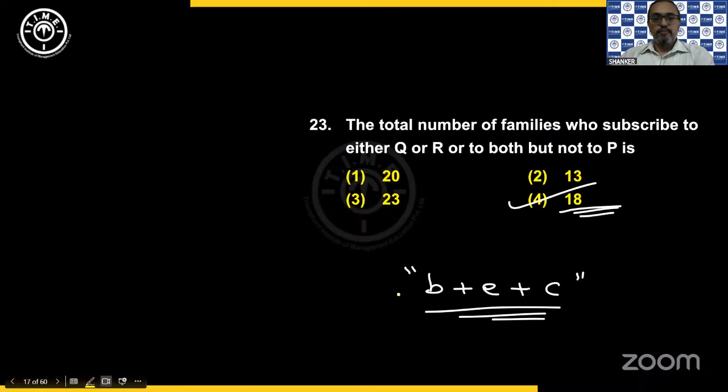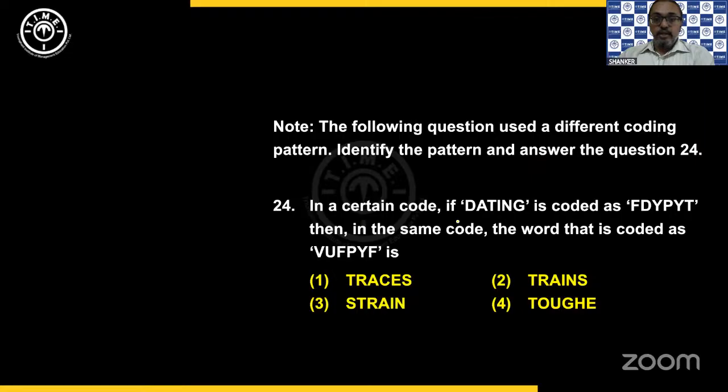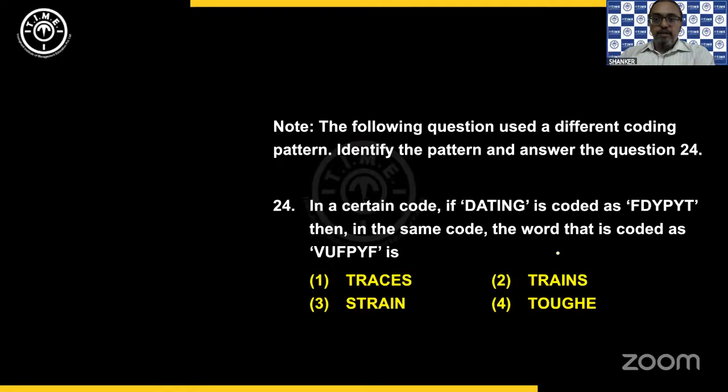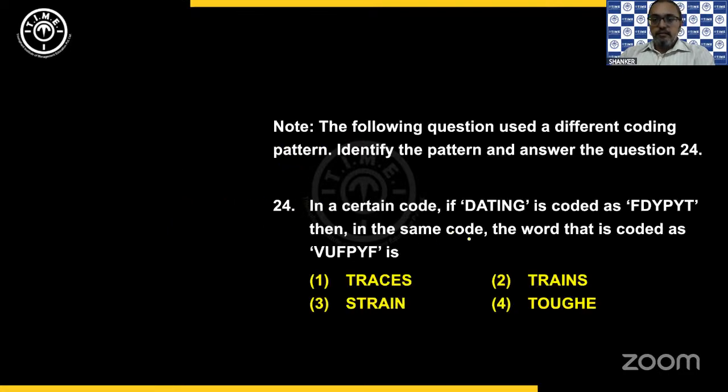Okay, further. Now we have coding decoding. In a certain code, dating is coded as FDY PYT. Then, in the same code, the word that is coded as... Now see, this is called decoding.